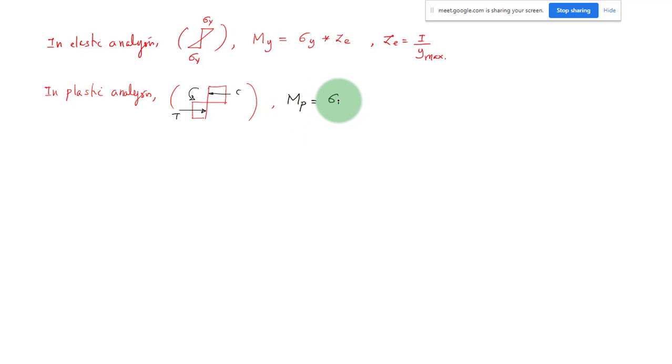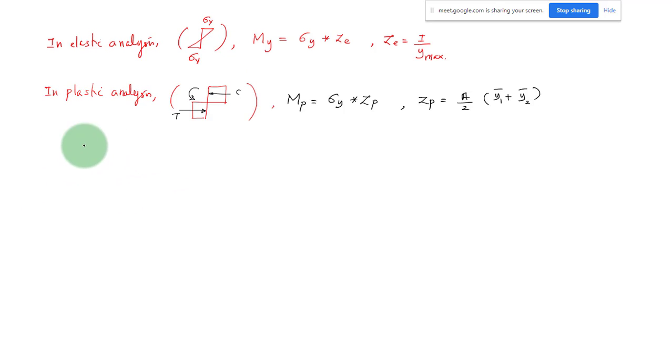That is equal to yield stress into plastic section modulus. Okay, and we can find the plastic section modulus, Z P, equal to A by 2 into Y1 bar plus Y2 bar. And this is the plastic moment, and that is my elastic moment. Now if you take a ratio of plastic moment to elastic moment, you will get a factor.